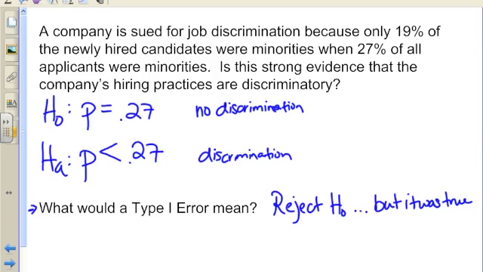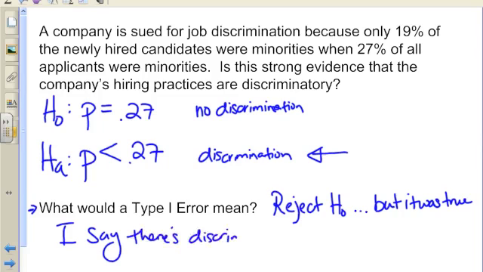So rejecting the null hypothesis would mean I went with this one. There was discrimination going on. I said there was discrimination. But the null was actually true. There was no discrimination happening.